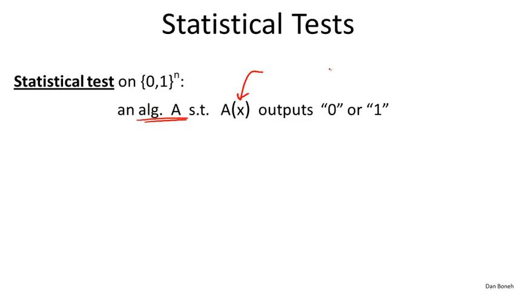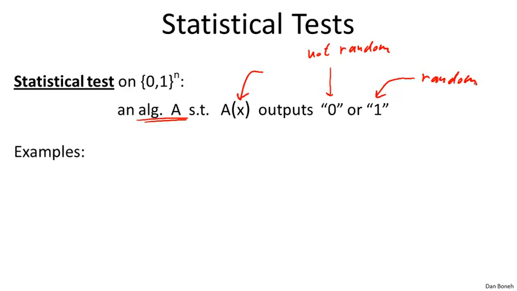We think of 0 as the statistical test saying the input you gave me is not random, and 1 as saying that the input you gave me actually is random. So all the statistical test does is take the n-bit string that was given to it and decide whether it looks random or not.